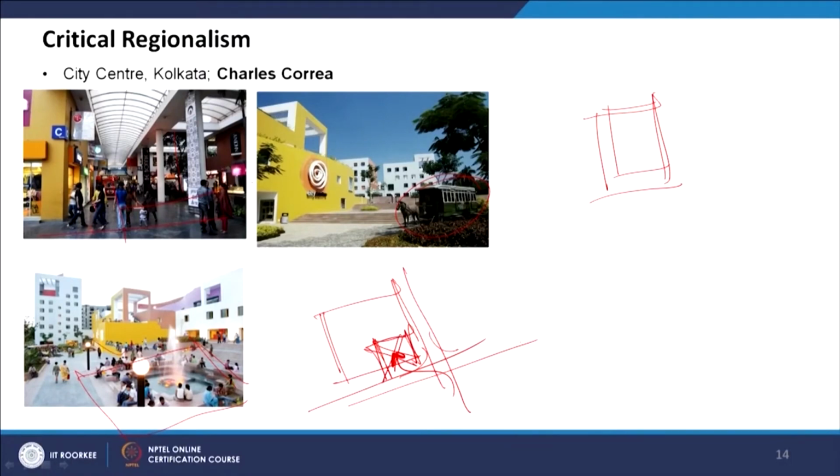There are no shops over here, and people can just sit and talk to each other. That is also a culture of the locality, where people love to talk to each other. And this part, given to the urban realm, is creating a memorable place in this shopping mall.